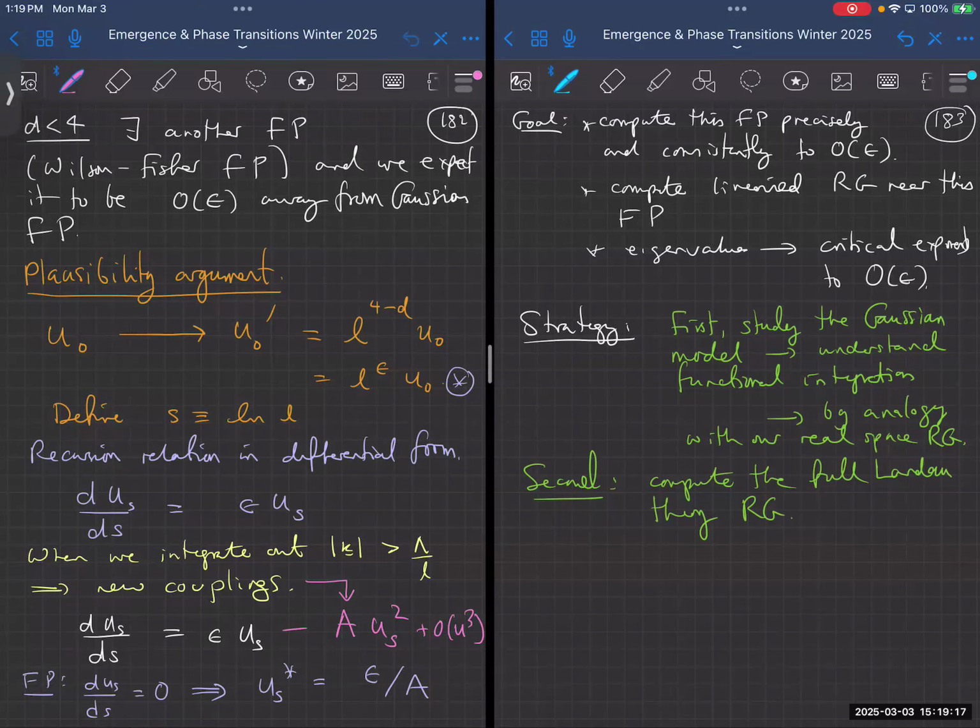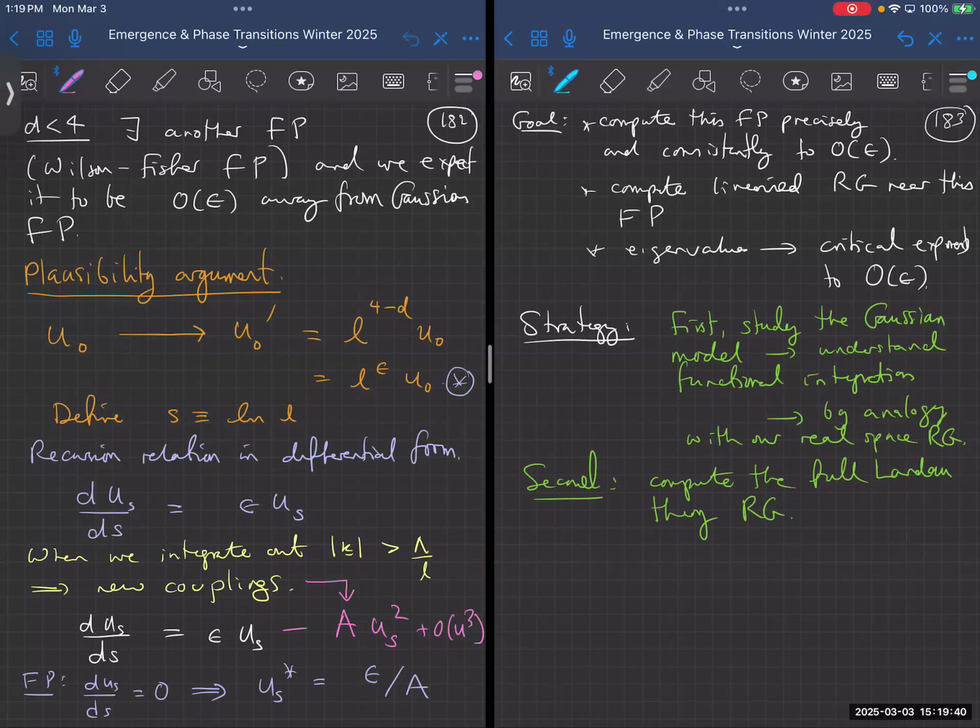The first calculation we're going to do is going to be quite simple. The second one is going to be more involved, but I'm going to skip all the details and just tell you the final answer, because it's not important that you know the precise tricks you need to do to evaluate the Feynman diagrams and compute all the combinatorics and so on. Okay, all right, so go ahead.